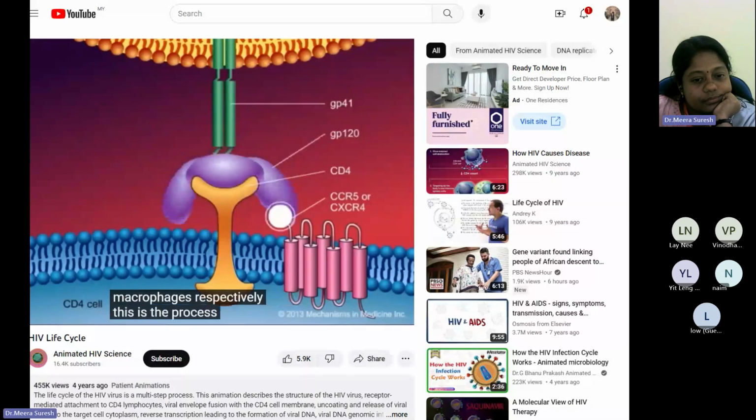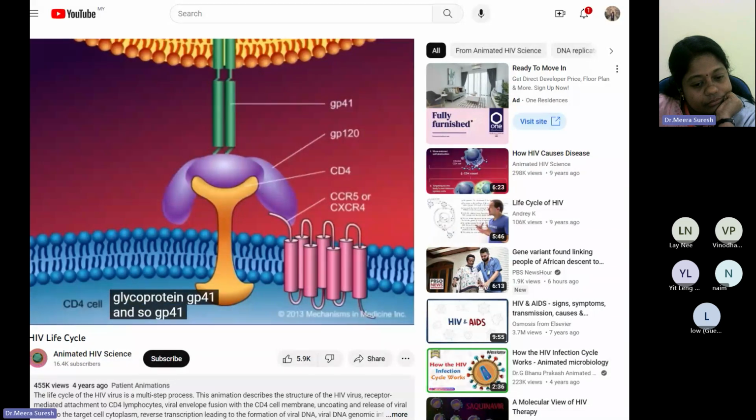This is the process of co-receptor binding following the interaction of GP120 to the CD4 receptor, which is the major receptor for viral entry and penetration. And this binding event that involves GP120 to CD4 actually changes the shape of the GP120. And now this results in the exposure of a portion of the transmembrane glycoprotein GP41.